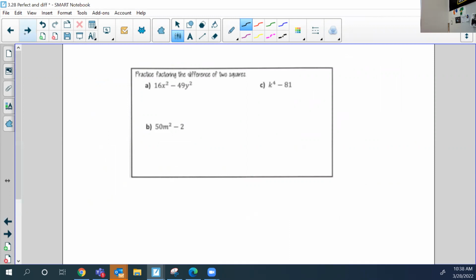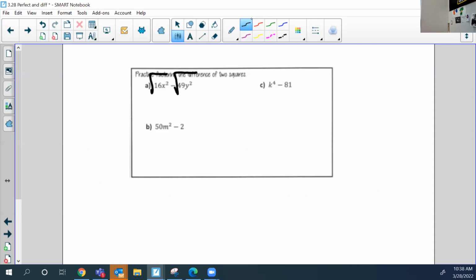Look at number 16. Again, it's a binomial because that's two terms. Both terms are perfect squares. 16x squared is a perfect square because 16 is a perfect square and x squared is a perfect square. 49y squared is a perfect square because 49 is a perfect square and also y squared. And there's a minus sign in between. So I'm going to take the square root of this and the square root of that.